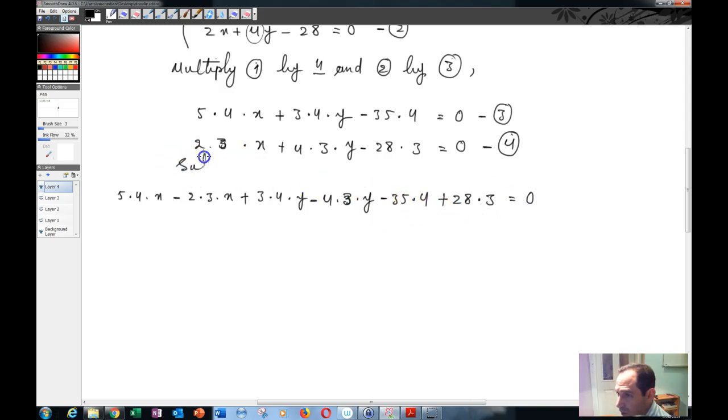So this is subtracting equation 4 from equation 3.